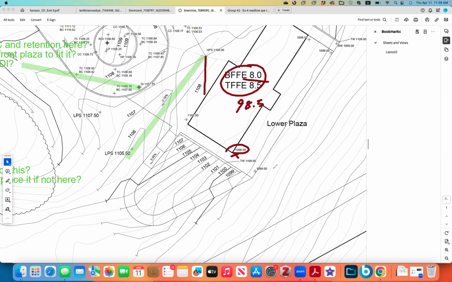Okay, so you need to fix these elevations, and this is too high based on your top FFE there. If your contour here is 1108, this likely is going to be 8.5. So bottom 98.5, and this would be 98 or even below 98.